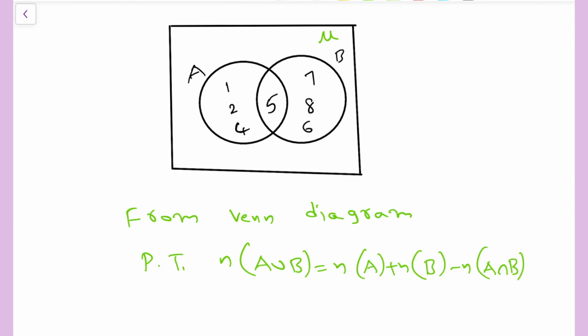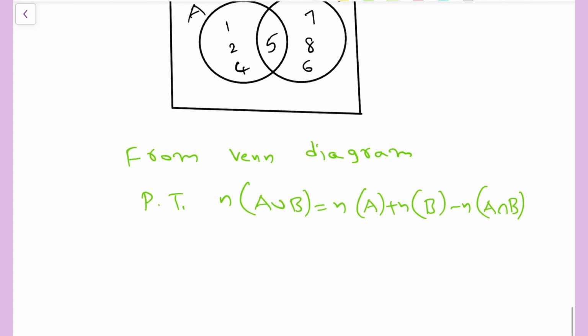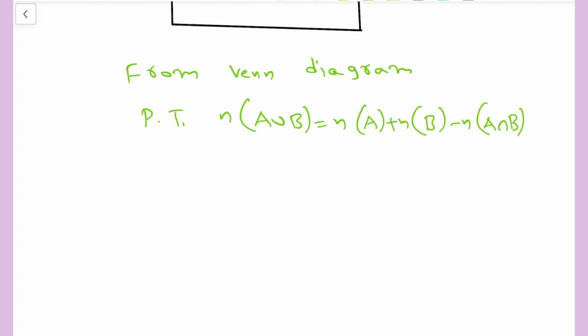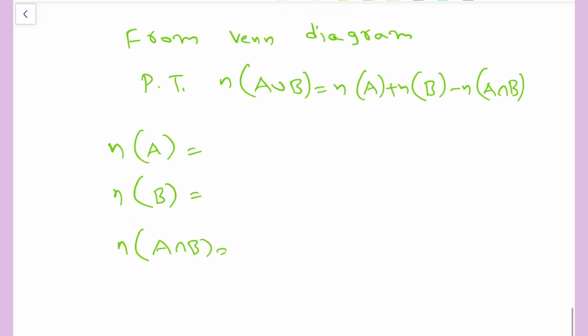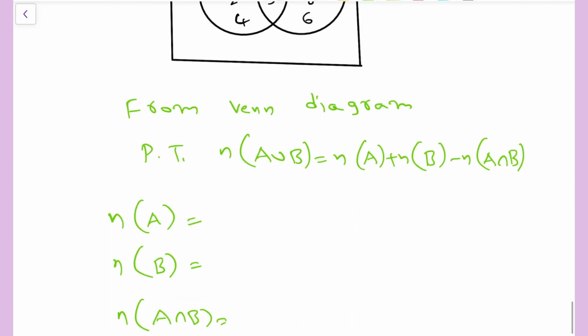Cardinal number or cardinality is nothing but the number of elements in the given set. So first let us check n of A: how many elements are there in set A? n of B: the number of elements in set B. Next, n of A intersection B: how many elements are there in A intersection B? n of A union B: how many elements are there in A union B?